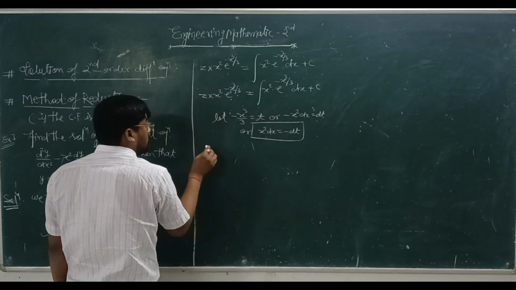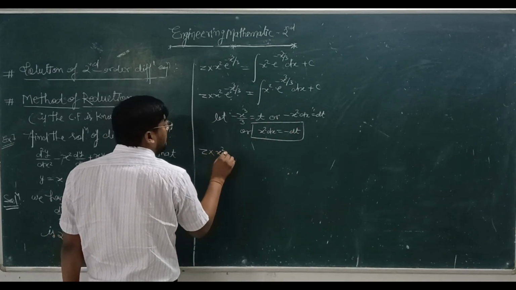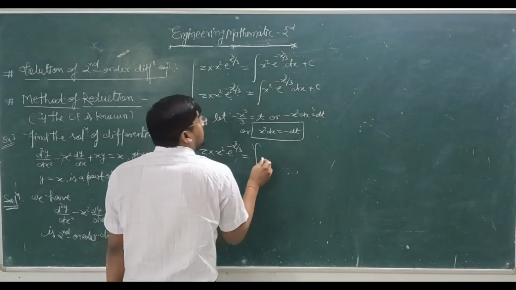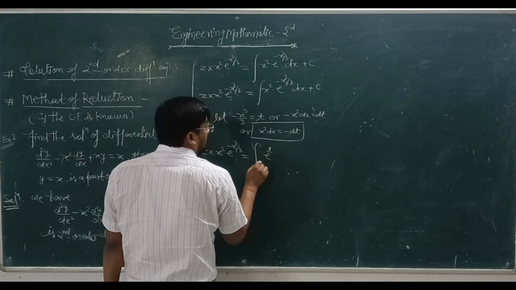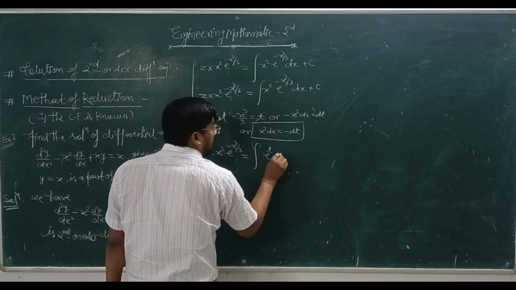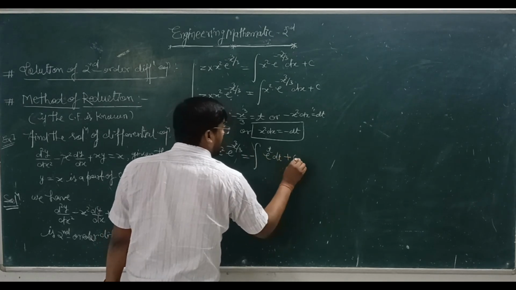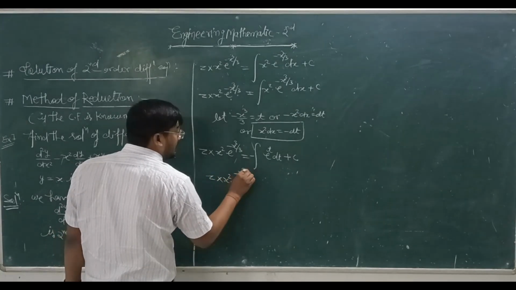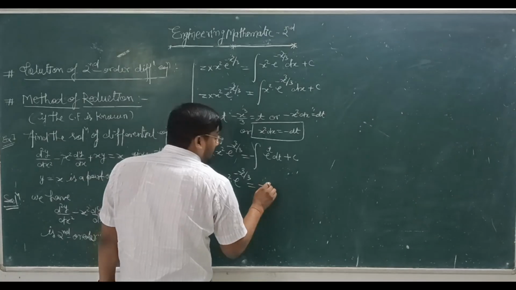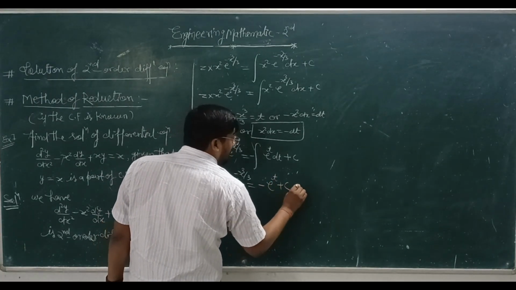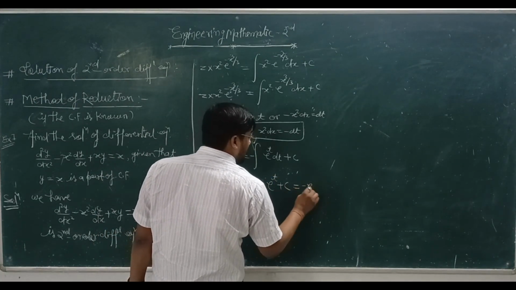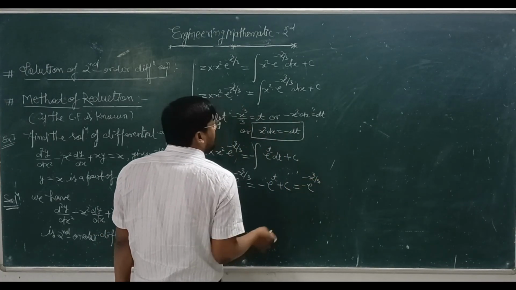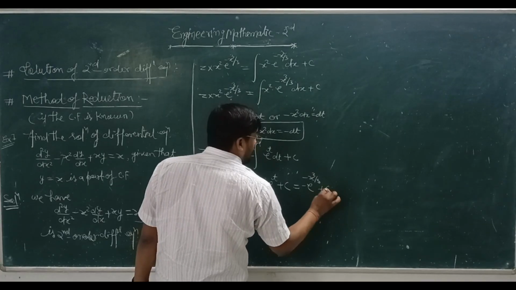Now put these values: z into x square e to the power minus x cubed upon 3 is equal to integration of e to the power t into minus dt, which is minus e to the power t plus c. Put the value of t: minus e to the power minus x cubed upon 3 plus c.